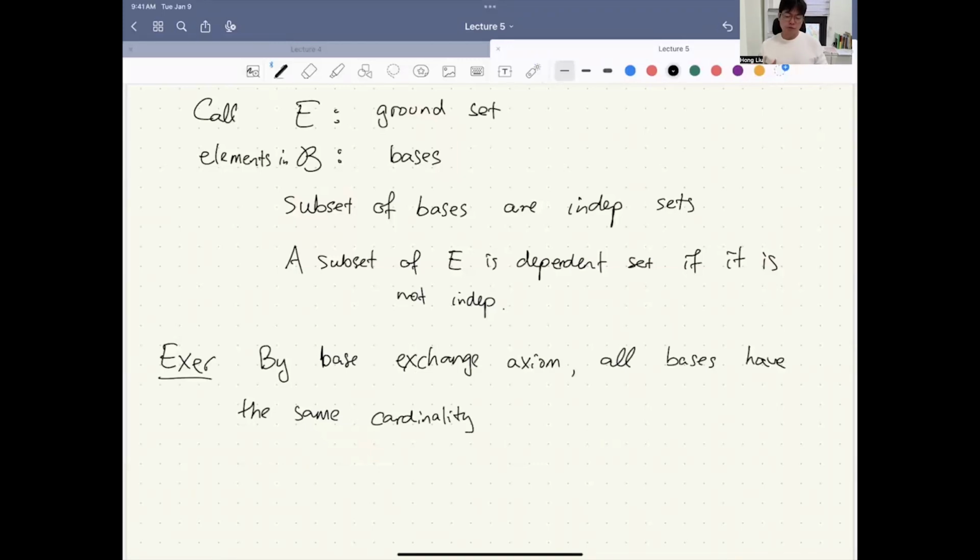So you can also view the bases of a matroid as a uniform hypergraph, for example. And we call the rank of a matroid the cardinality of any one of its bases. They have the same size.